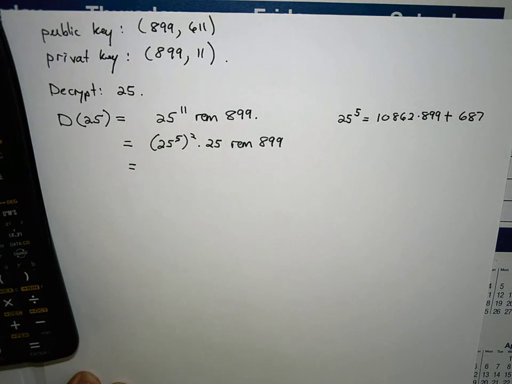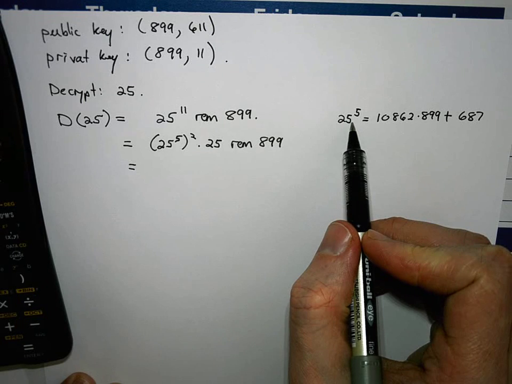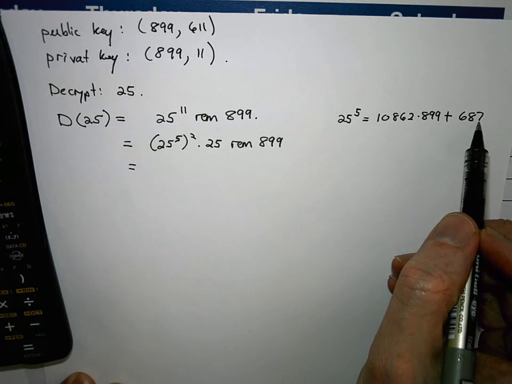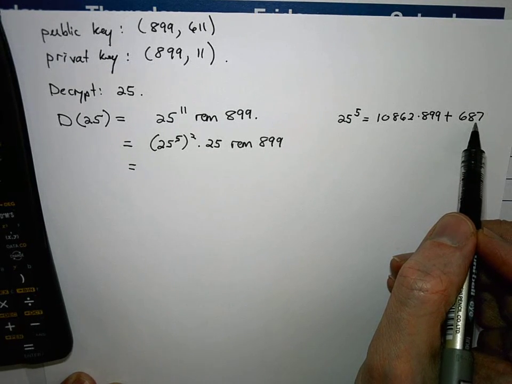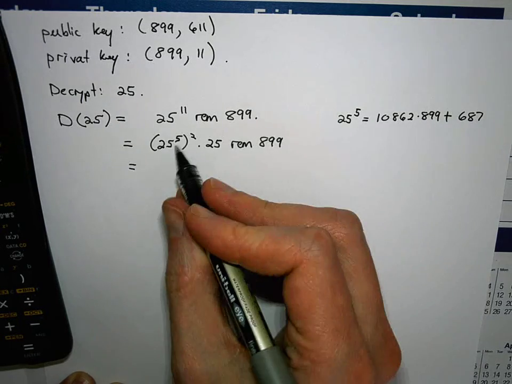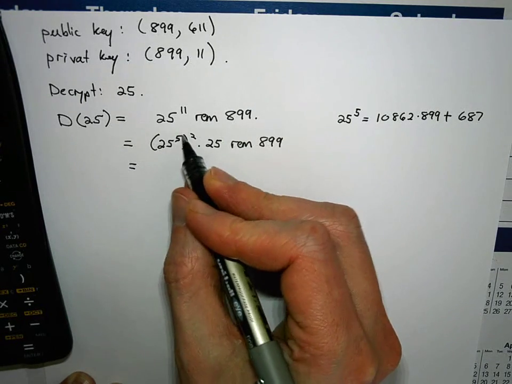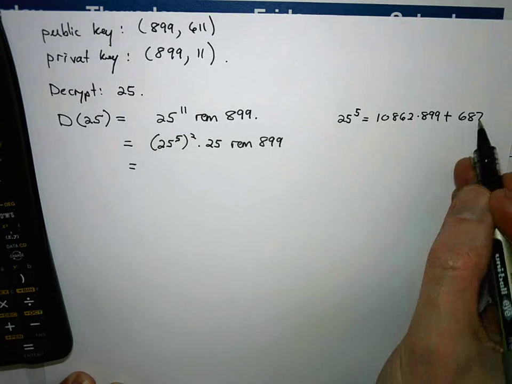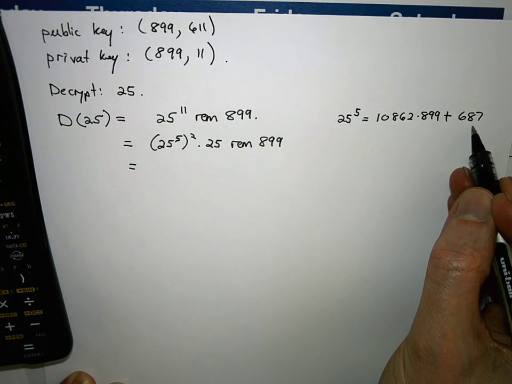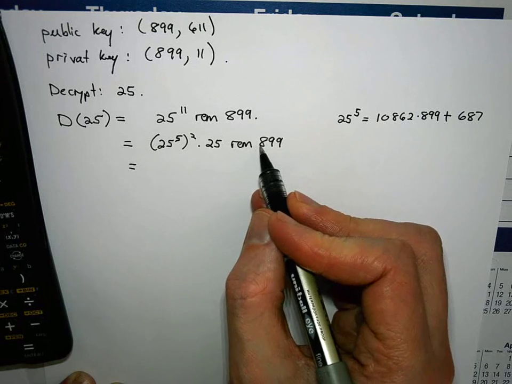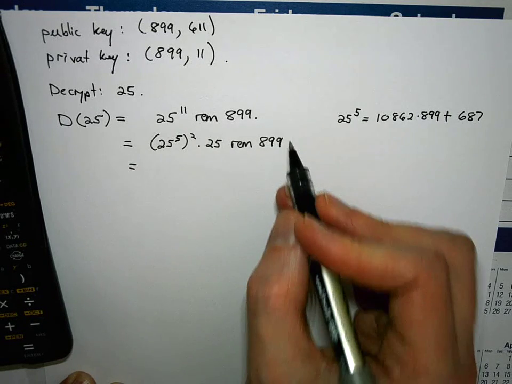Now, this 25 to the 5 leaves a remainder of 687 after division by 899. So by laws of congruences, I can replace this 25 to the 5 with 687, and the remainder after division by 899 will be the same.